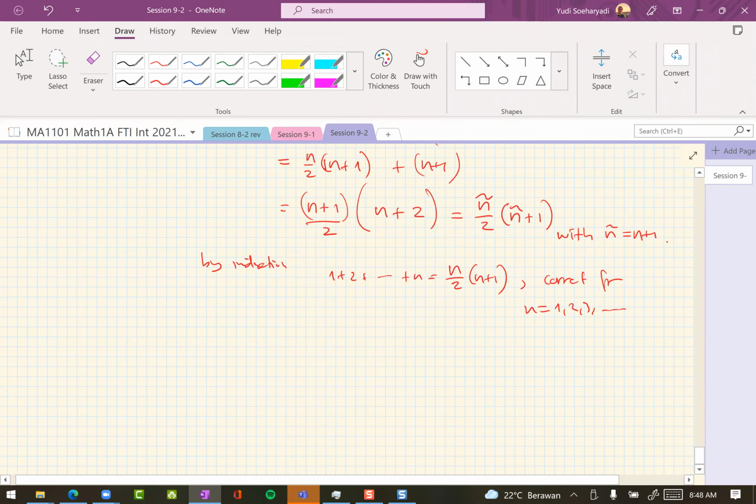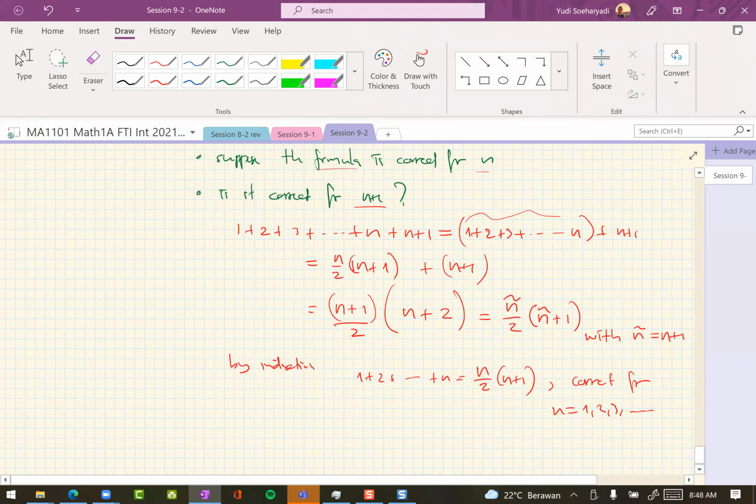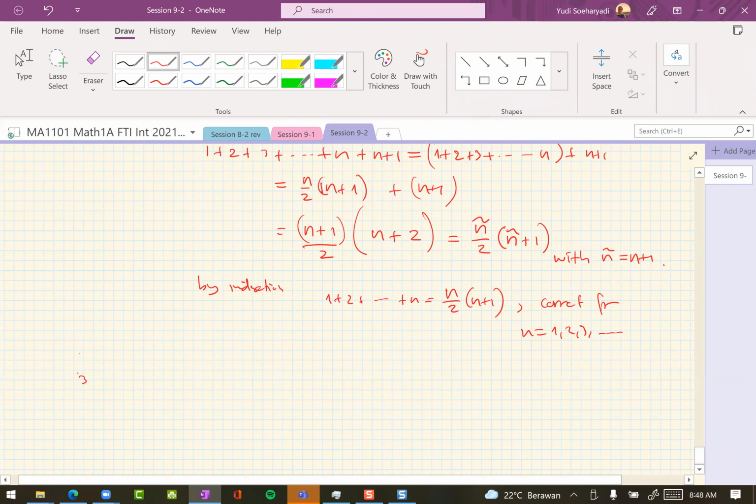And that's what we call induction. All right, and the formula for the sum of squares, let me finish this, is this formula here: n times n plus 1 times 2n plus 1 over 6.